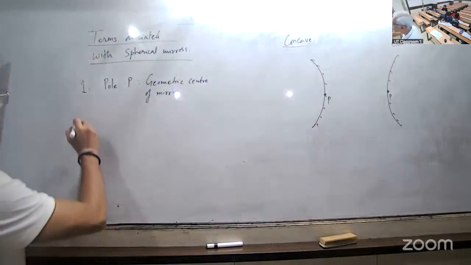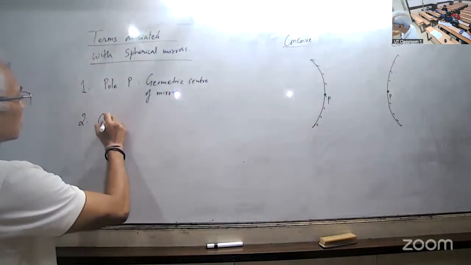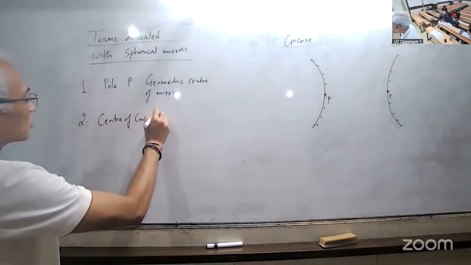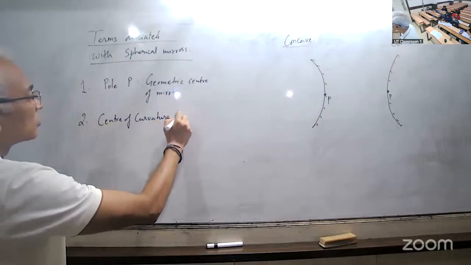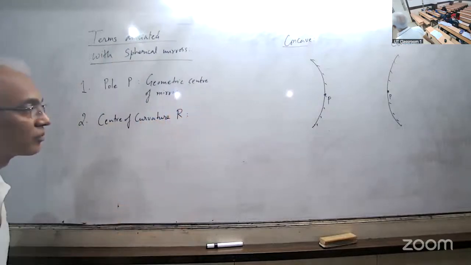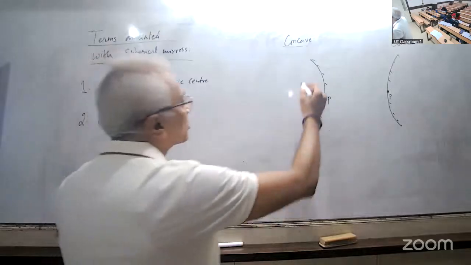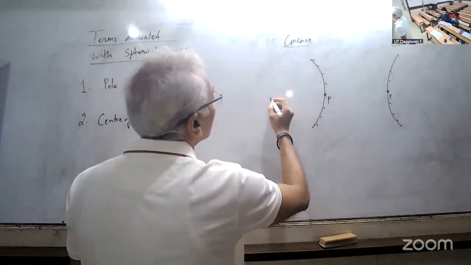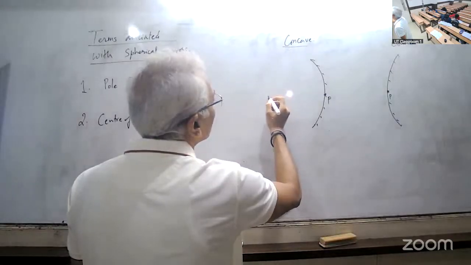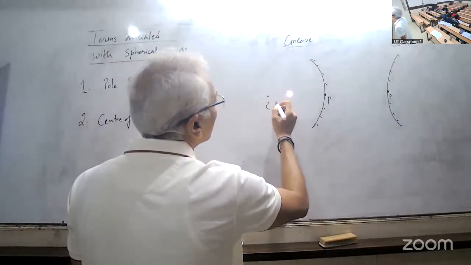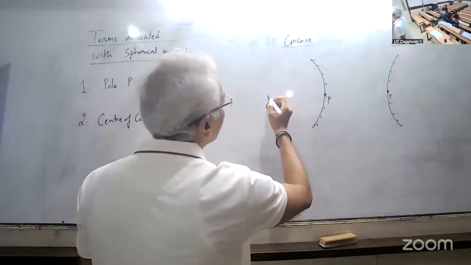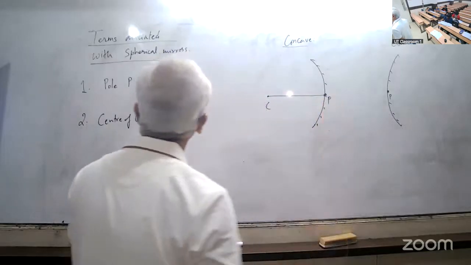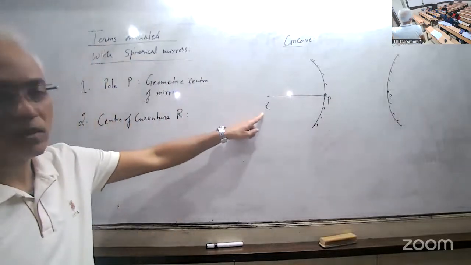Then next is center of curvature. Symbol is capital C. So this is a spherical mirror. Imagine a hollow glass sphere. The center of the hollow glass sphere from which this mirror is cut. So C is called the center of curvature.